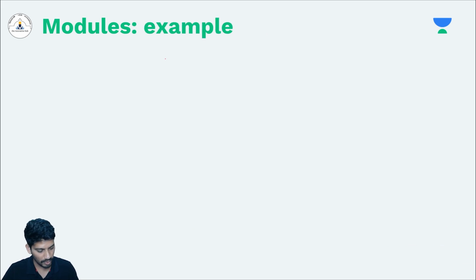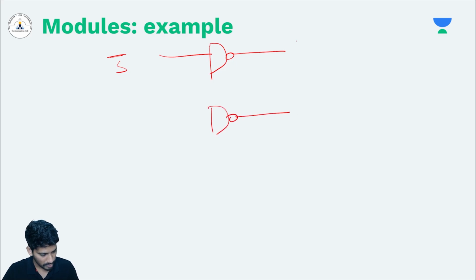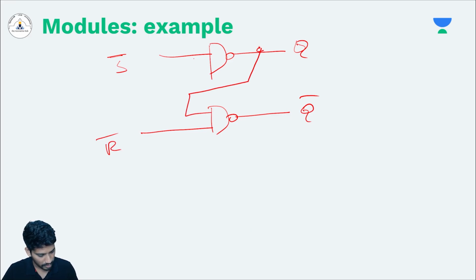For this, I took a circuit called SR latch. The SR latch will look like this. This is S bar, this is Q, this is Q bar, and this is R bar. One of the inputs of this is connected from here, and one of the inputs of this is connected from here.